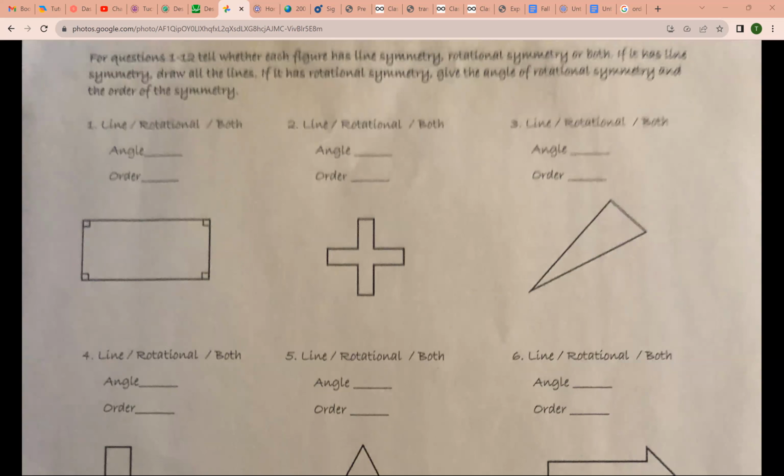So is there a line where the left side's the same as the right side and so on? Looking closely, no.